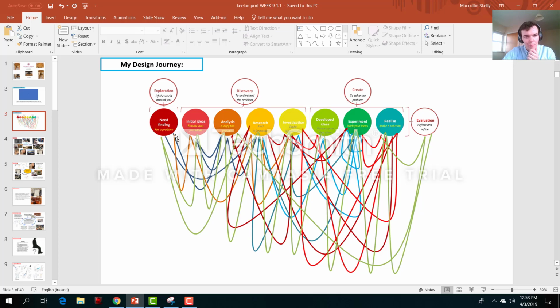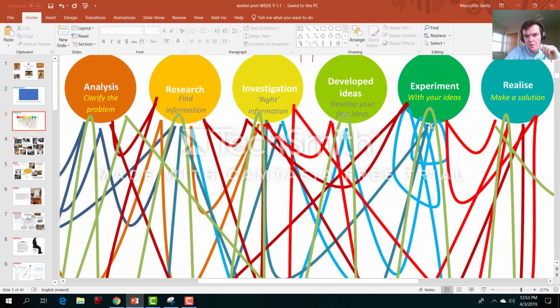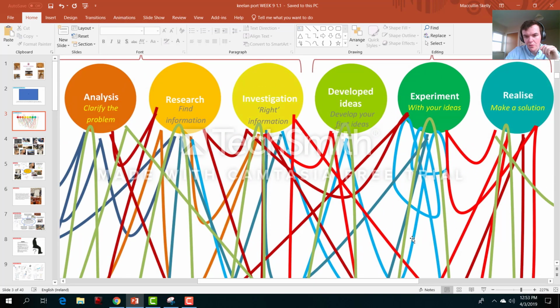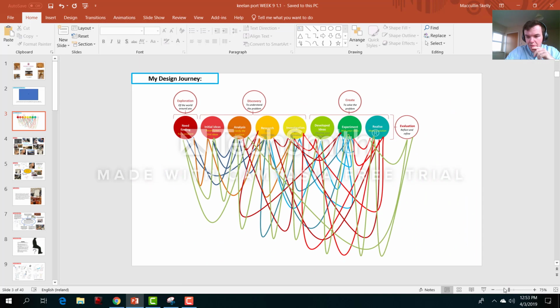So this is where I swapped off to the orange line. Then orange keeps on going, and you get the idea. And something I found quite interesting is that with experimentation, there was a point where I literally went bang bang bang and hit experimentation four or five times in a row, and you can see that in my portfolio with my different models and my different experiments that I took part in.